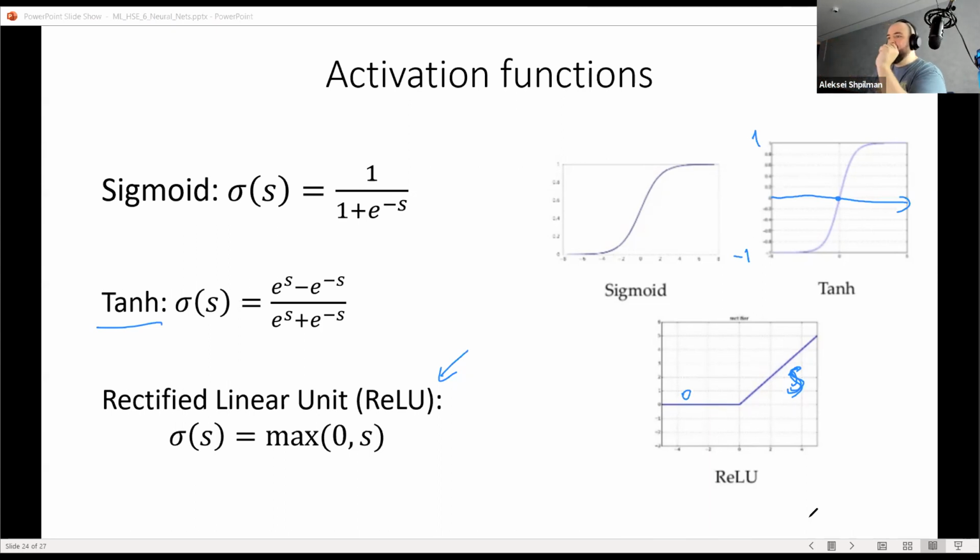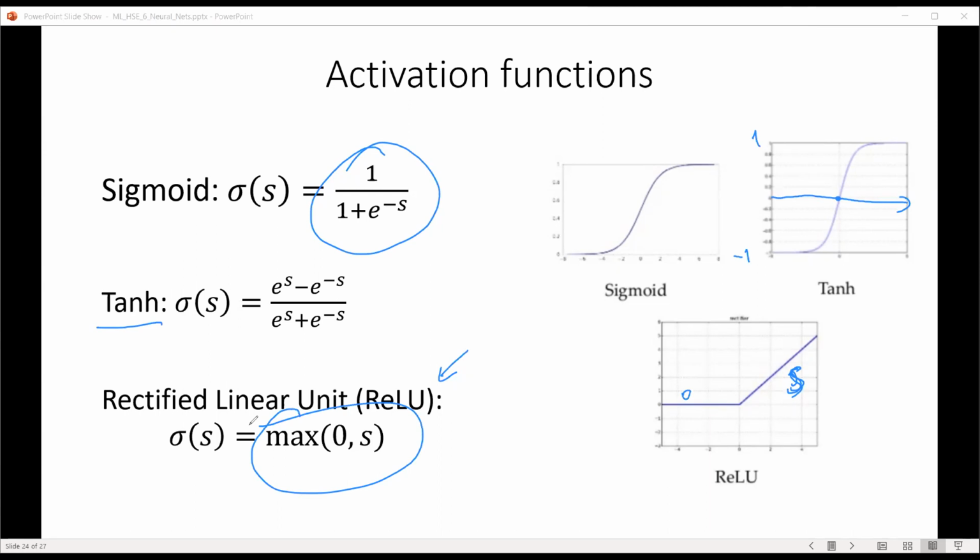Now, when you compare, for example, a sigmoid function to a ReLU function, what is the most important difference in those functions in terms of calculating the gradient? Any ideas? Anyone else?